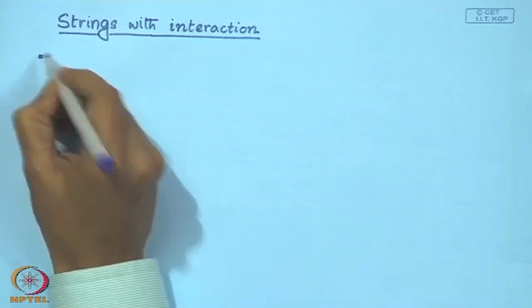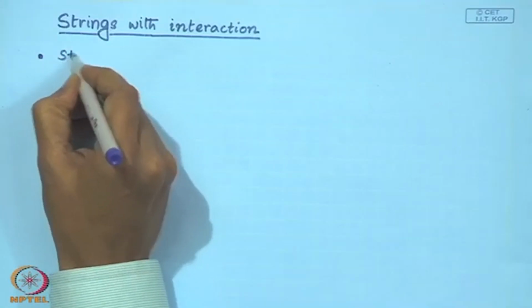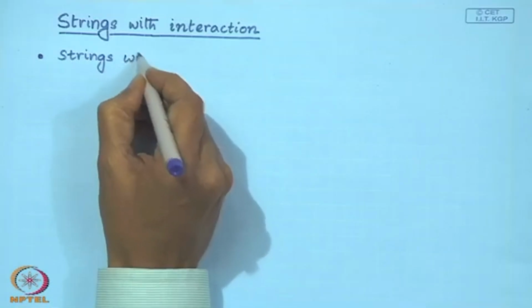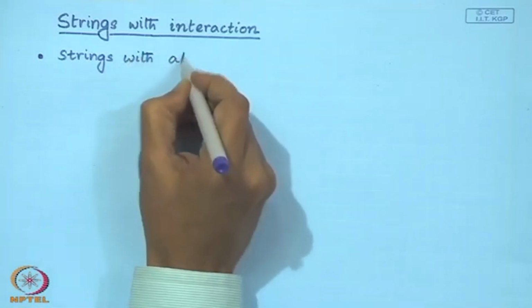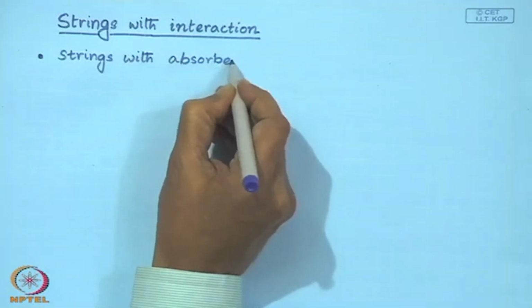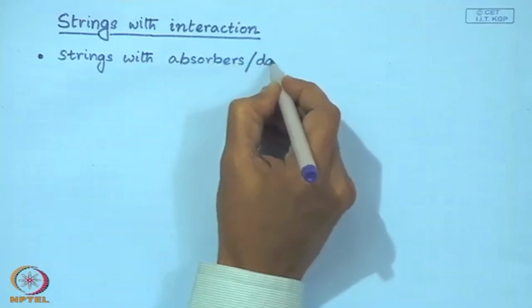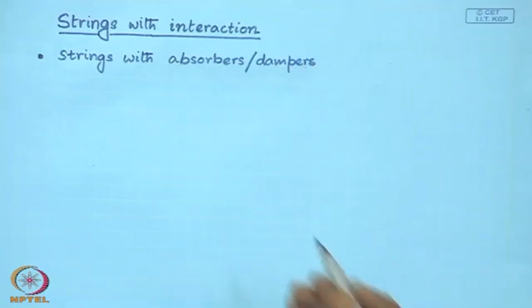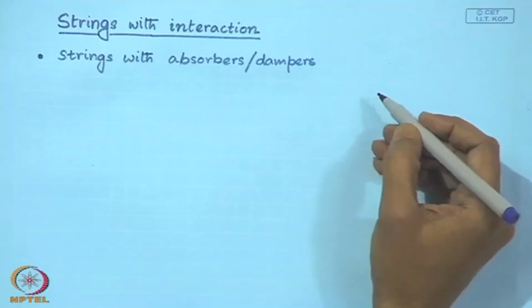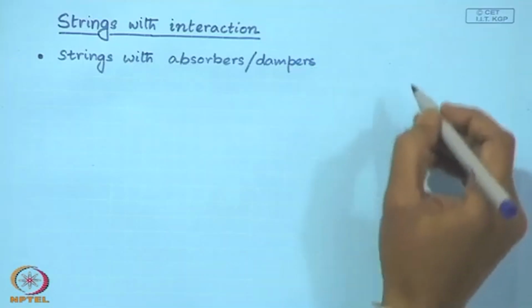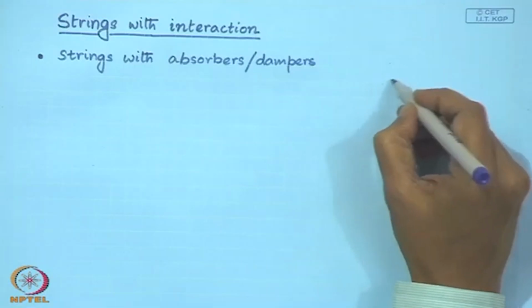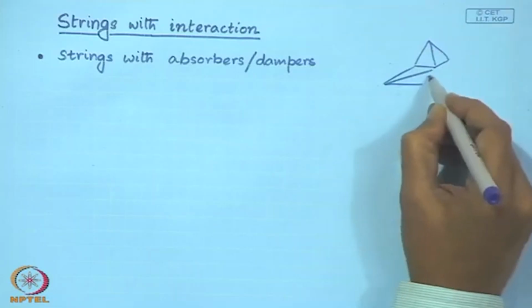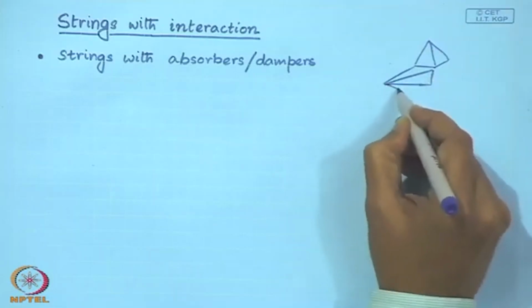As I mentioned just now, we may have strings interacting with absorbers or dampers. Such strings are found in, for example, high tension cables. This roughly looks like this.